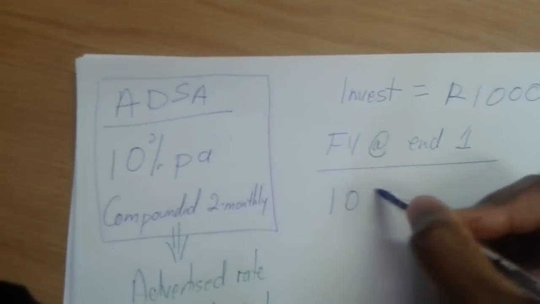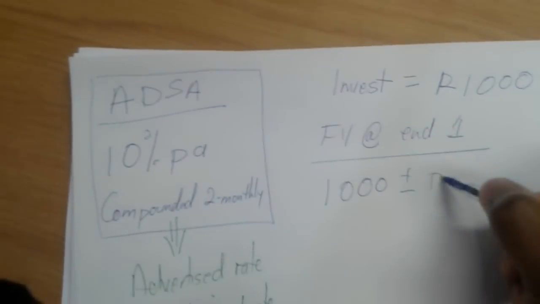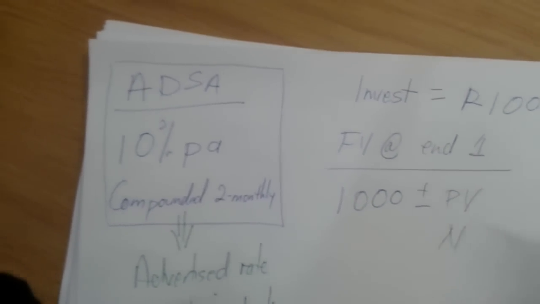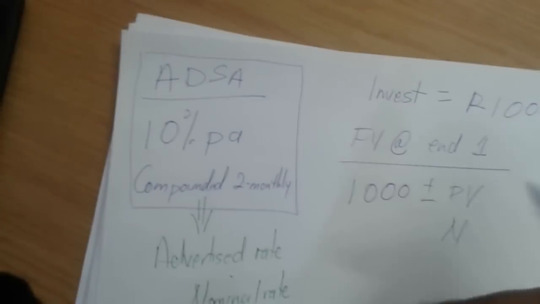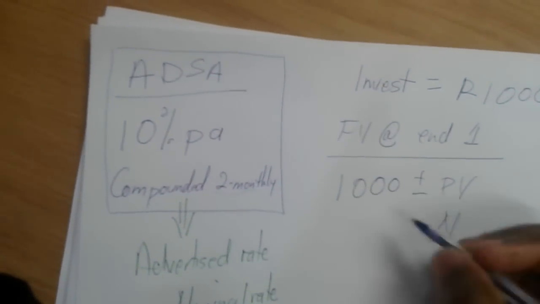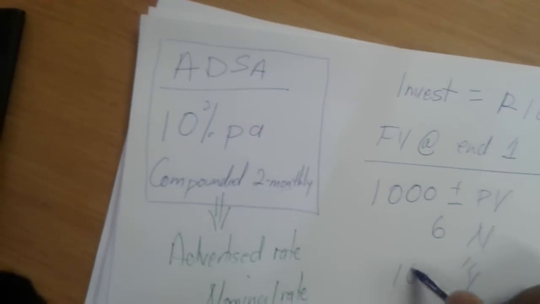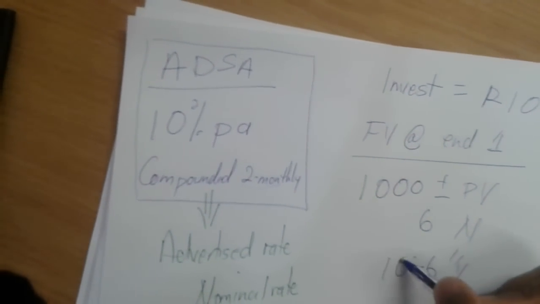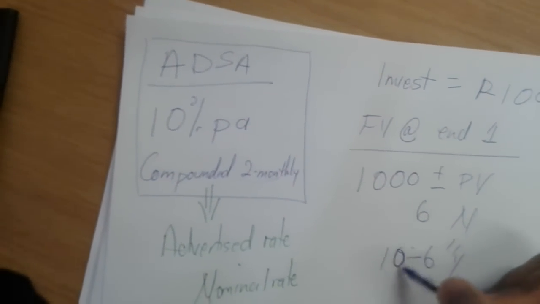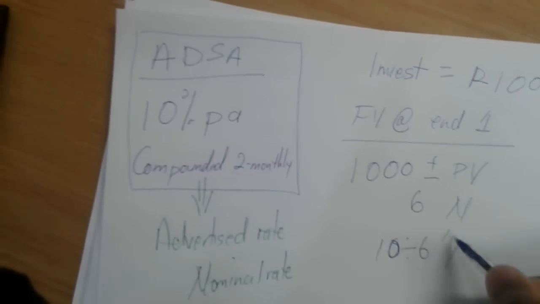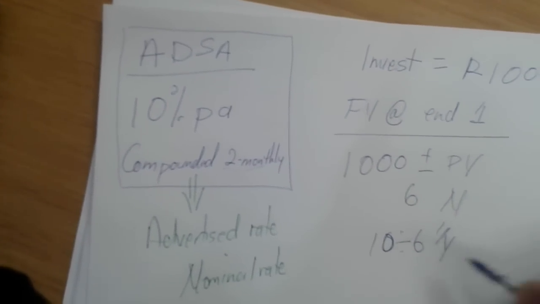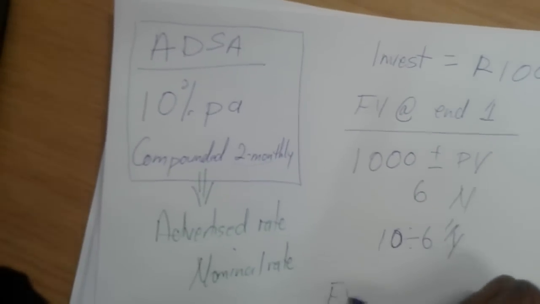So it will be 1,000 plus minus PV. I think by now you all know how to get your N. Now remember, it's only for 1 year and it's compounded 2 monthly, so your N is 6. Now your I will be 10 divided by 6. And then you compute your future value.